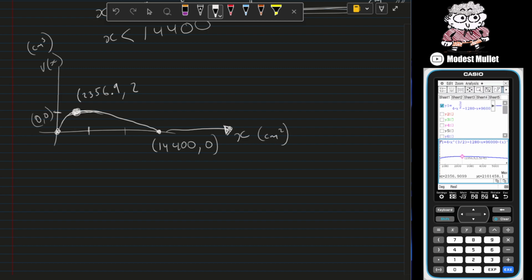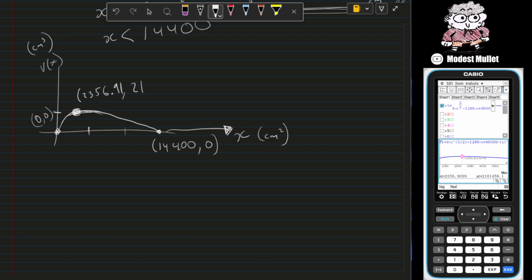If we look down the bottom right, it actually tells us the y coordinate. It says XC, which means x coordinate, and YC, which is y coordinate. The x coordinate is 0.9099, so if we wanted to round to 2 decimal places, that's 2.91.